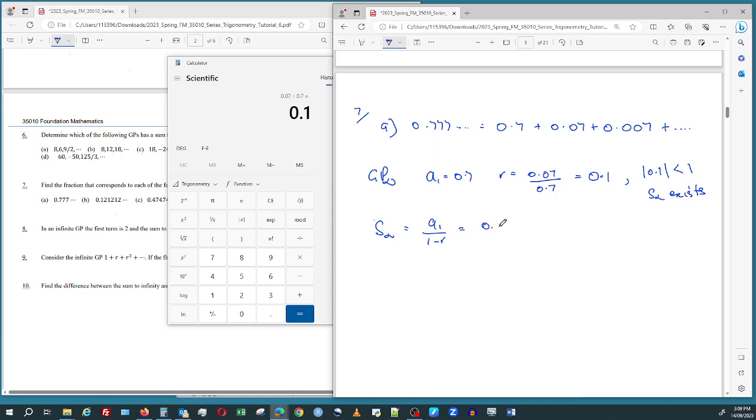So we have 0.7 divided by 1 minus 0.1, which is 0.7 divided by 0.9. Now if we multiply by 10, above and below, that's 1 in disguise. That has the effect of moving the decimal place in both terms, so we'll get 7/9.